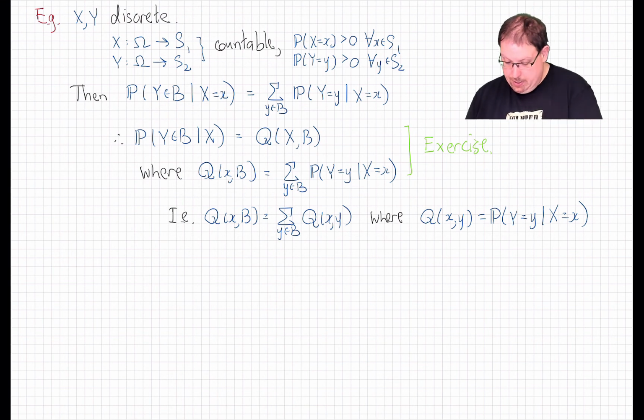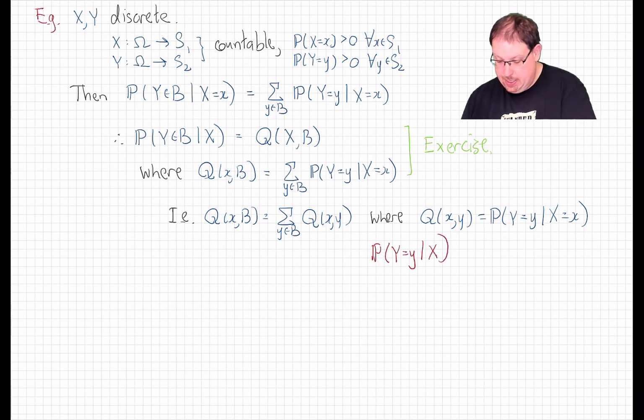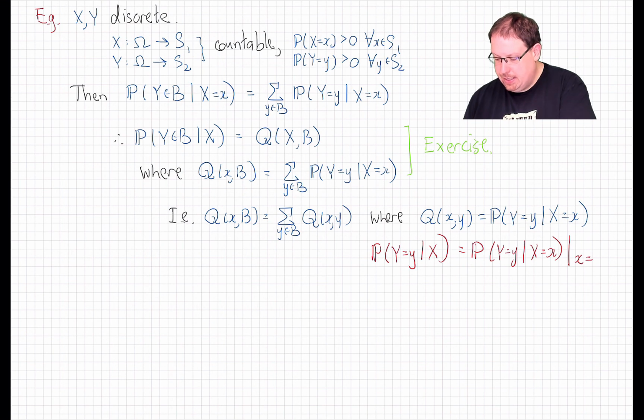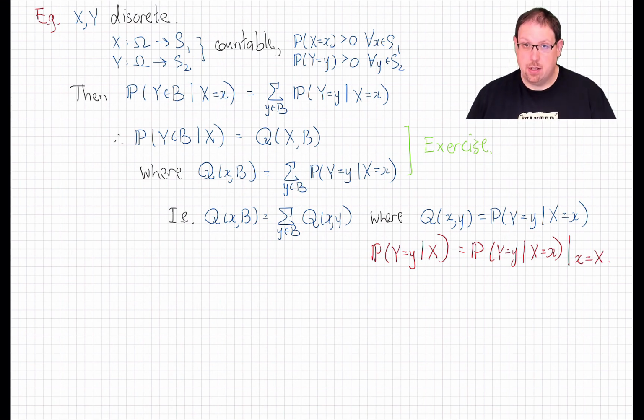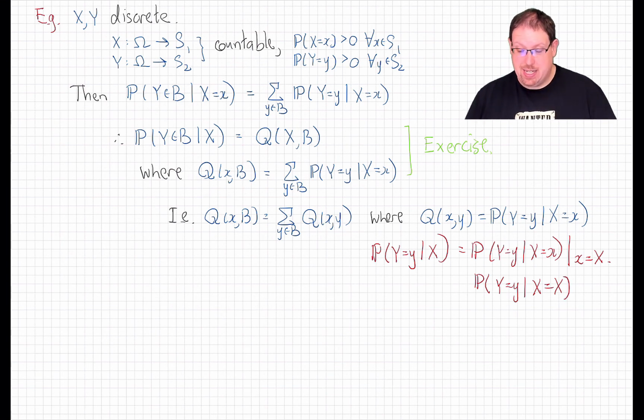What we're saying here is that the probability that Y is equal to a value little y in its range, given X, this random variable, can be computed by taking the probability that Y equals y given that X equals little x, which is a function of the non-random variables x and y, and then evaluating that at little x equal to the random variable capital X, which you might naively try to write as the probability that capital Y equals little y given that capital X equals capital X, which of course is basically meaningless.